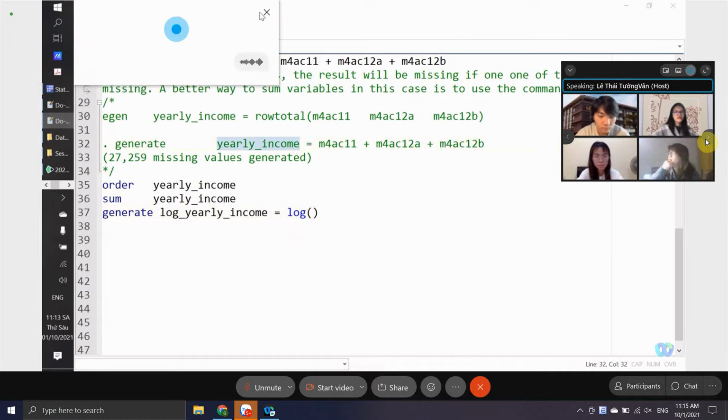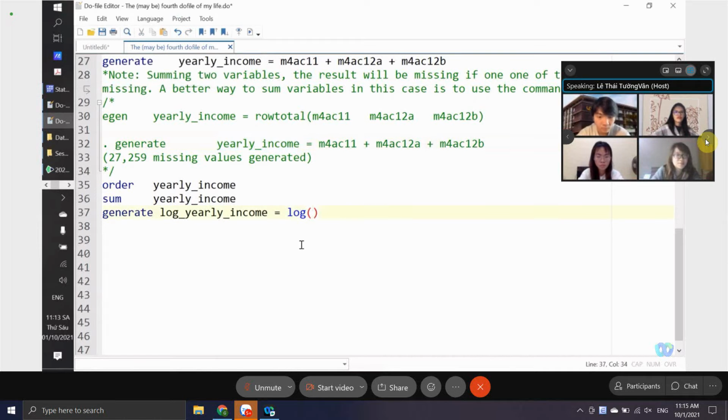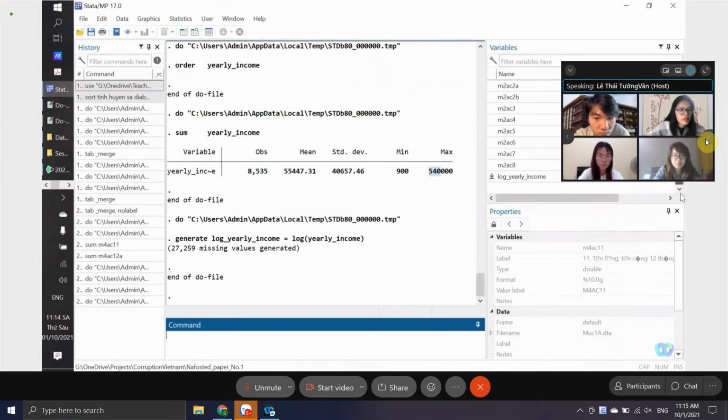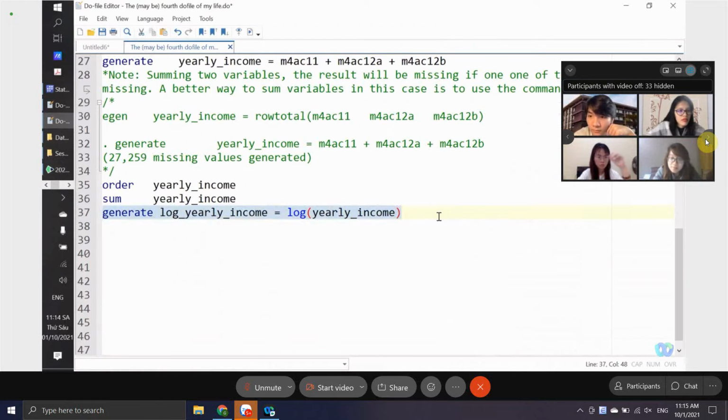So you may notice one of the tips that I'm giving is that we name the variable with underscore so that we know the meaning of the variable. If I generate, I would have a new variable down here. Yeah, log yearly income, the first variable. Maybe you can name it the first variable of my life. Then that would be something that we could have.